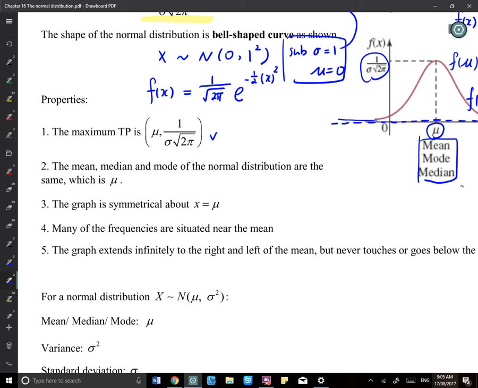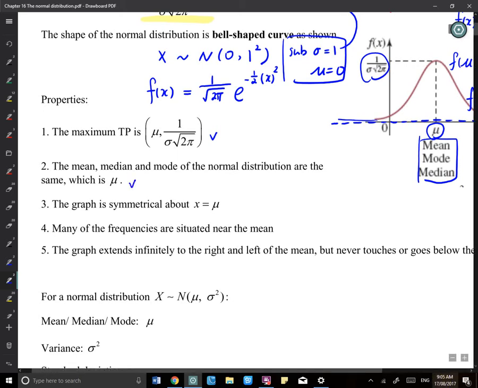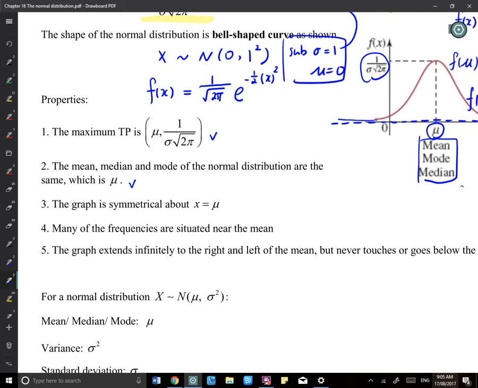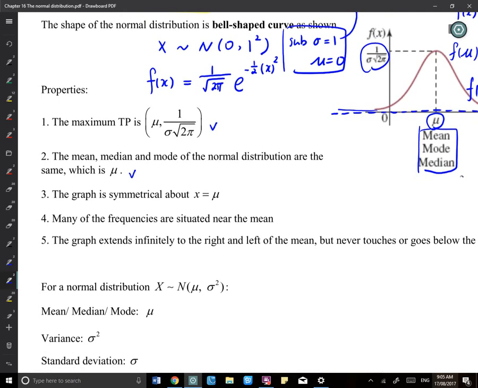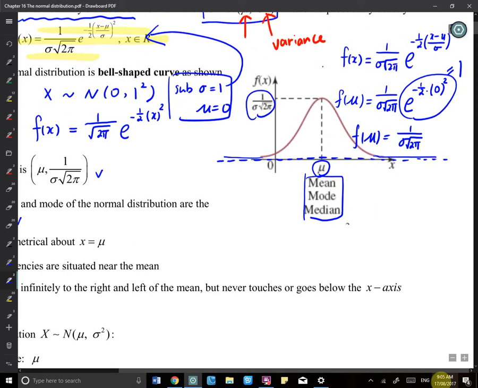The second one is that the mean, median, and mode of the normal distribution are the same, which is mu. As I explained, all three are at the same point. The third is that the graph is symmetrical about x equals mu. So it's symmetrical about that line, 50%, 50%. That line is x equals mu.